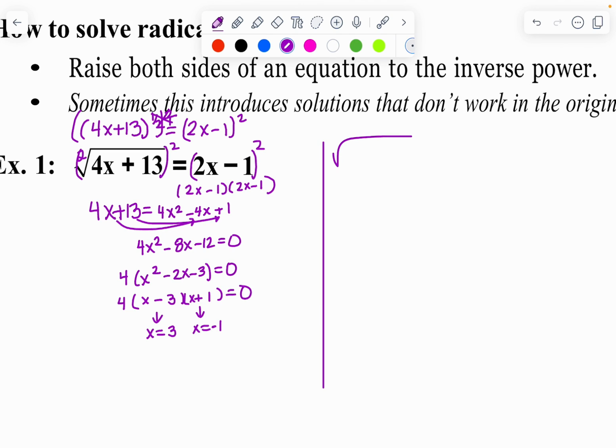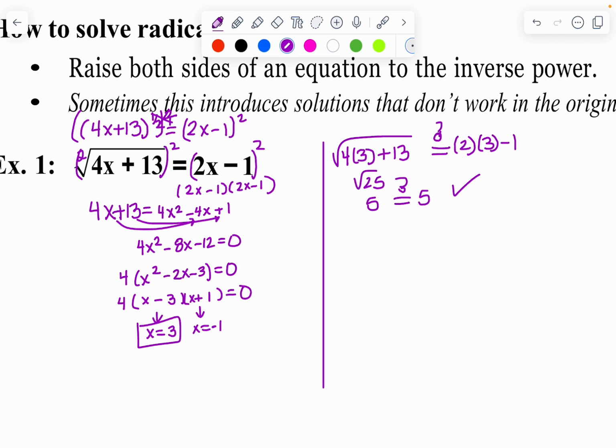So if I put in a 3, 4 times 3 plus 13, does that equal 2 times 3 minus 1? So this becomes 12 plus 13, which is the square root of 25, which is 5. Does that equal 6 minus 1, which is 5? Yes, that is correct. So right now we know that 3 is a solution.